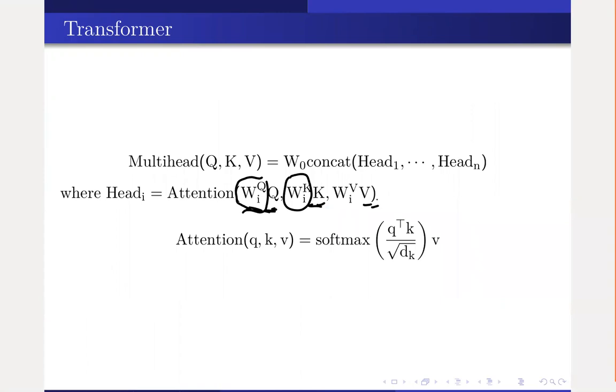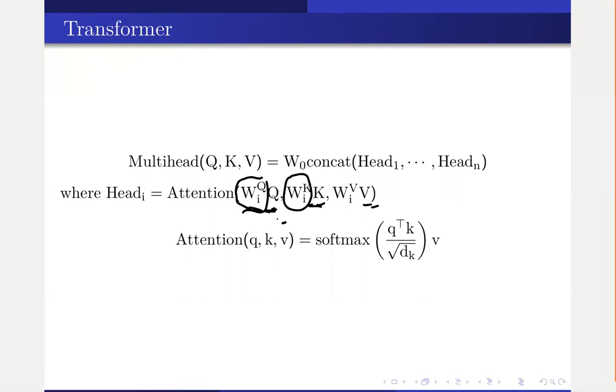For each word, it will simply be the embedded vector of the corresponding word added with the positional code.